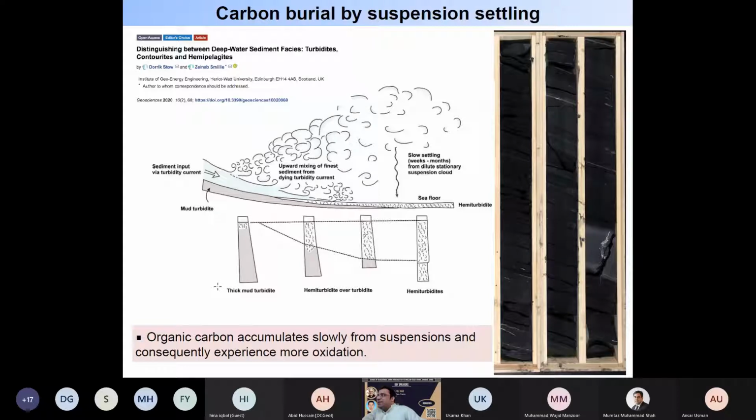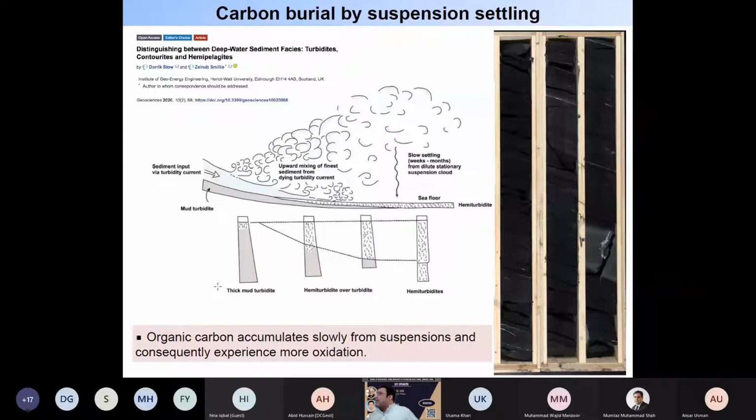But the problem with this model is that when sediment is slowly settling, it can be exposed to oxidation and also to marine microorganisms, which can really degrade or oxidize it. So essentially, organic carbon burial is not that efficient with this, and there is a bigger conundrum in deep water sedimentology, which is that there is a missing carbon.